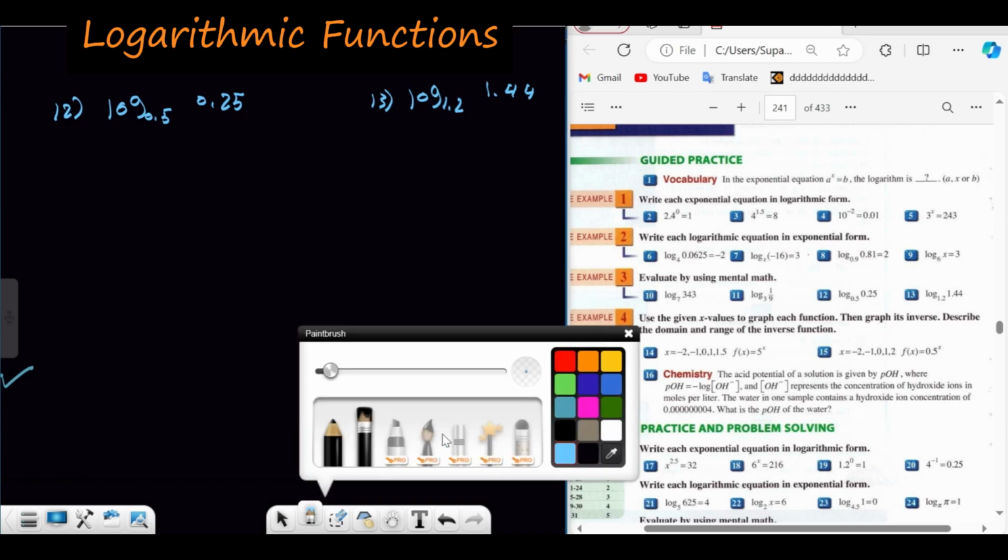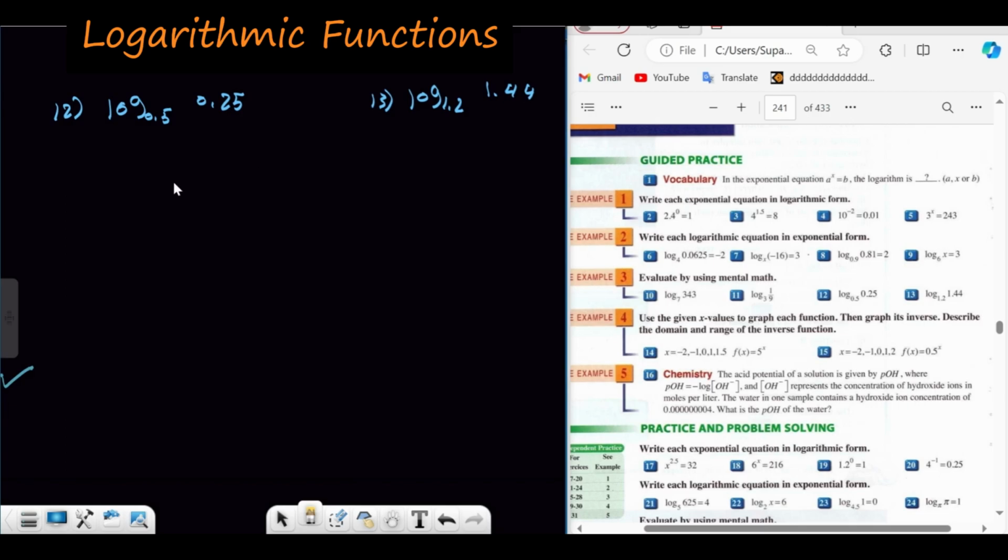And all the time we assume that this log expression equals x if we do it by mental math. So 0.5 to the power x equals 0.25. We know that.